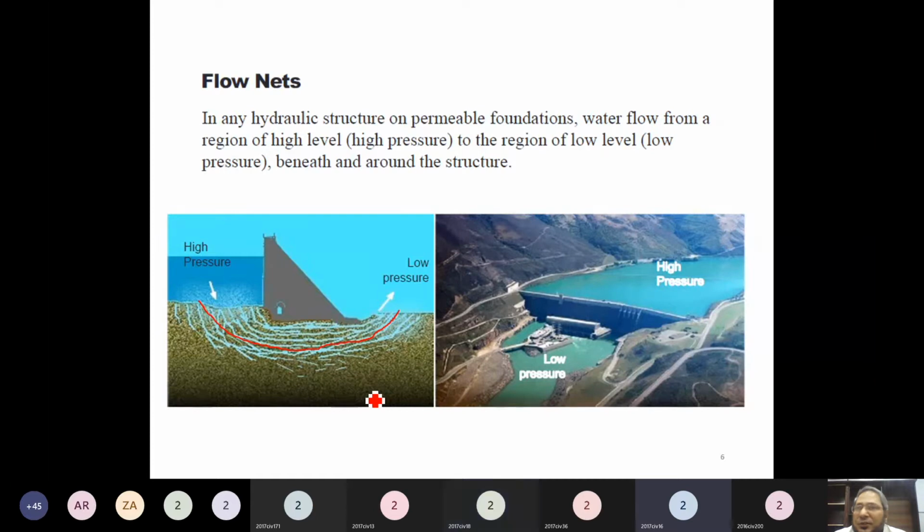No, these are not equipotential lines. These are flow lines, psi lines, streamlines. And if I draw a line exactly perpendicular to streamlines, what is this line called? These are equipotential lines. Here the pressure is the same at this point, along this line.